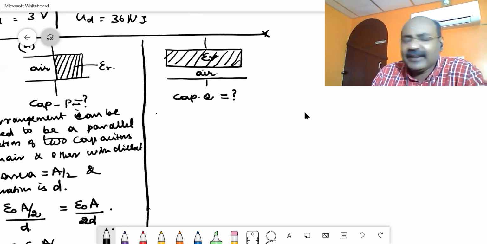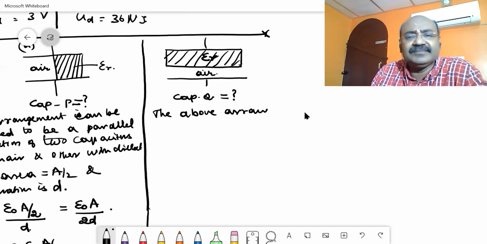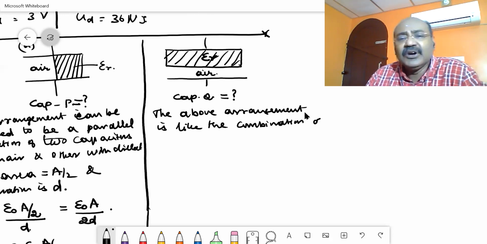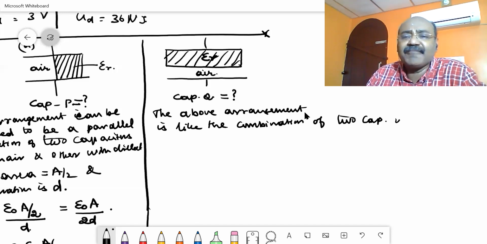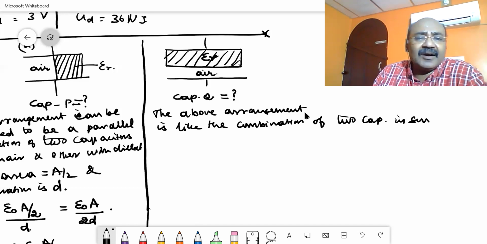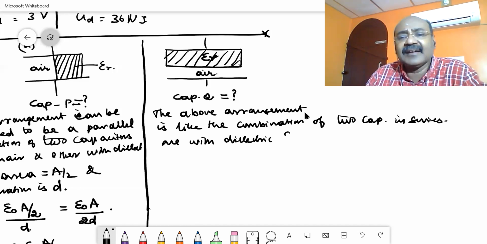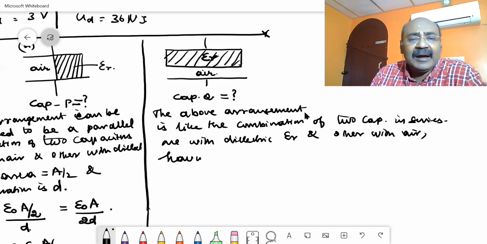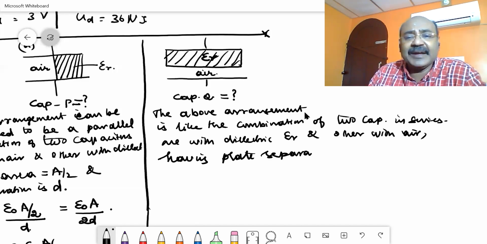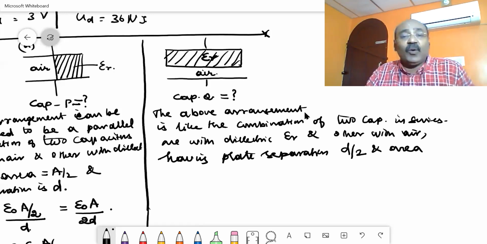Same we can write. See, the above arrangement is like the combination of two capacitors in series, one with dielectric epsilon R and the other with air, having plate separation D by 2 and area considered to be capital A. Now what you are able to get?